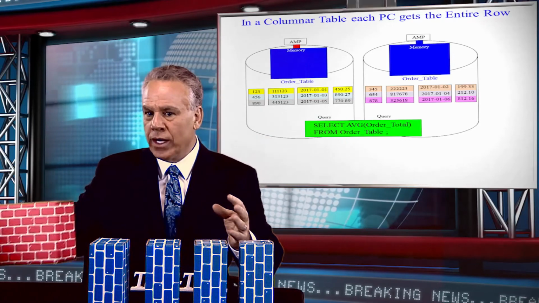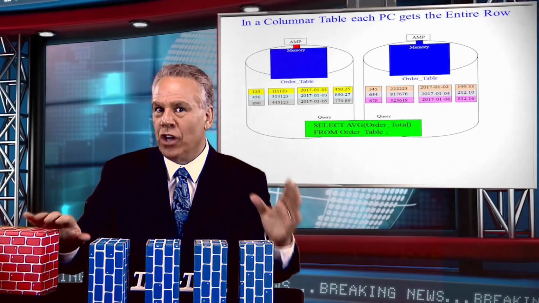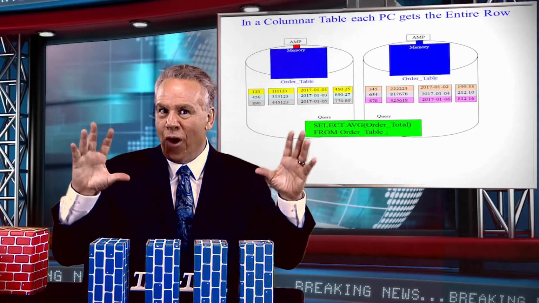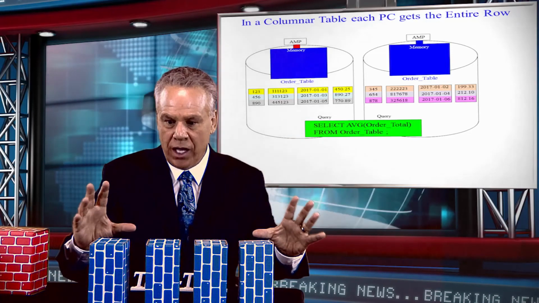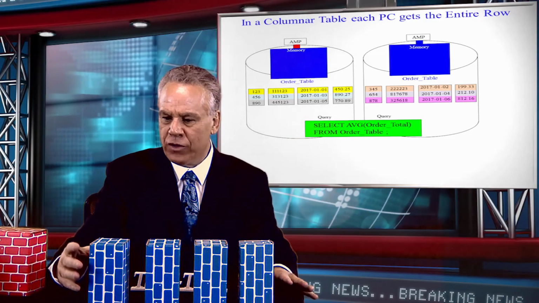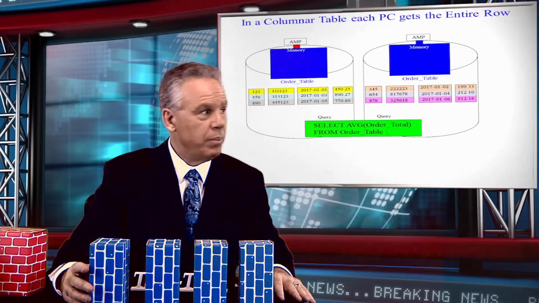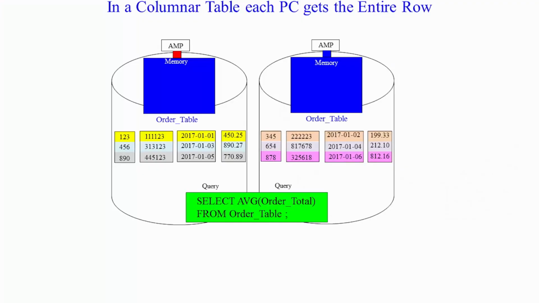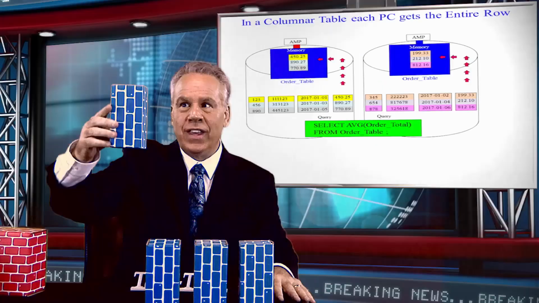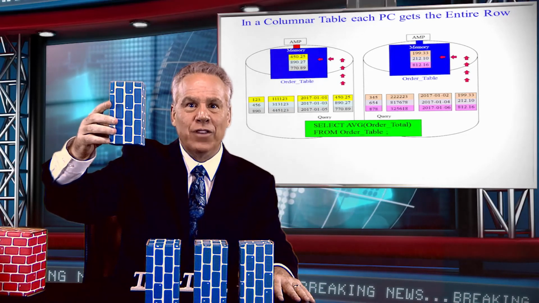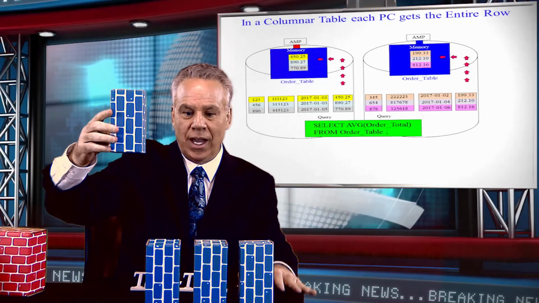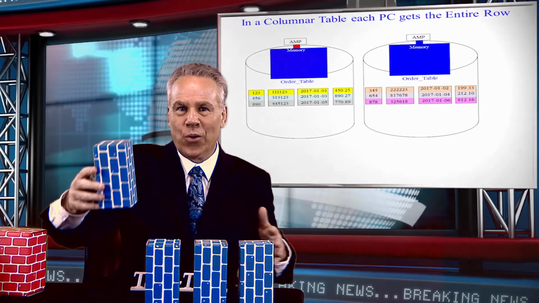They go, wait a second, this is another way we don't have to move all of the data in. Did you say give me the average order total? Hey, PCs, just move your thin block of the order totals into memory, and once again, it's going to be so much faster.